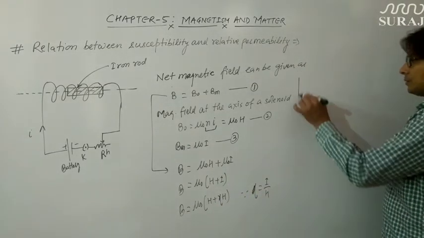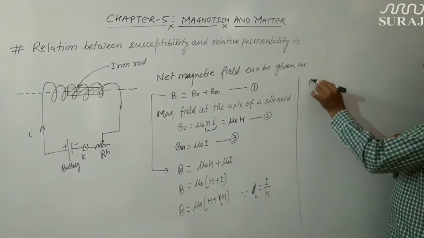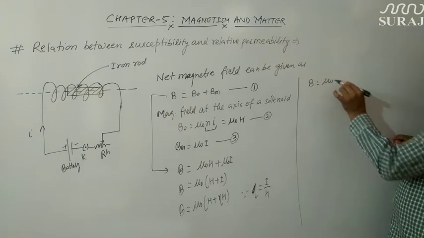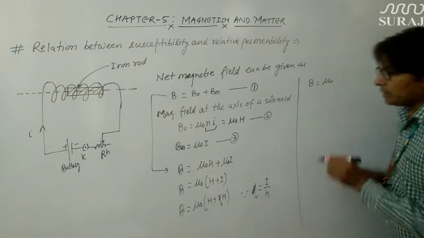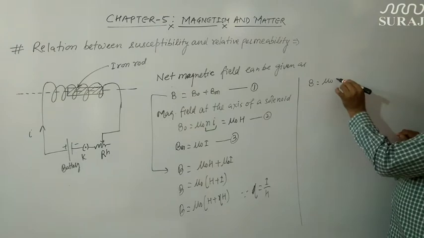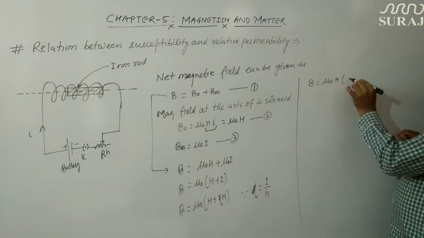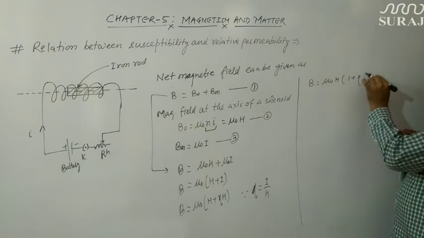Okay, now B is equal to mu 0, and if I take H common, it would become mu 0 H into 1 plus xi.